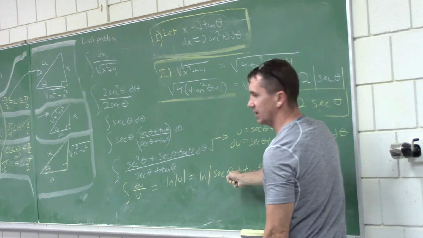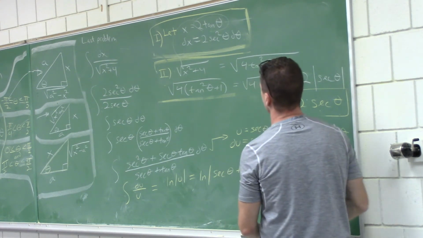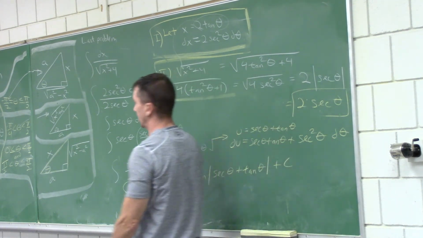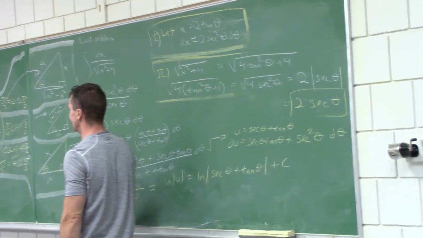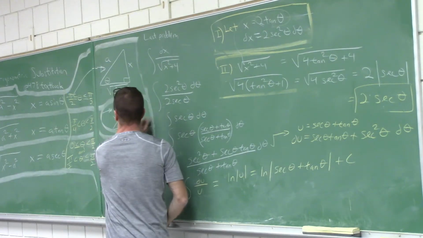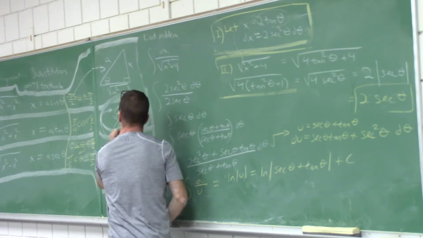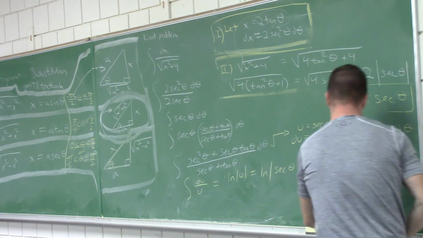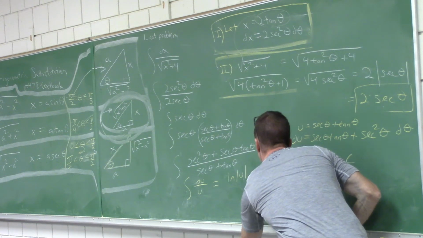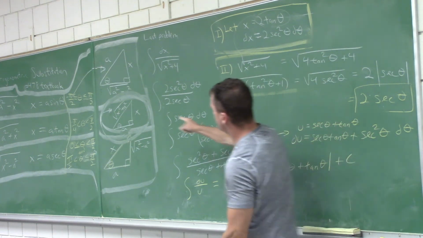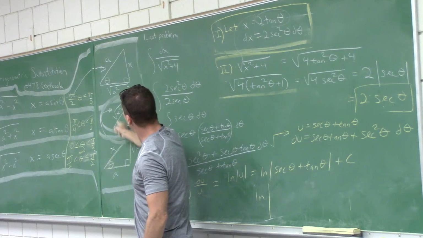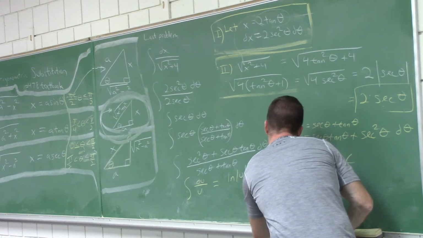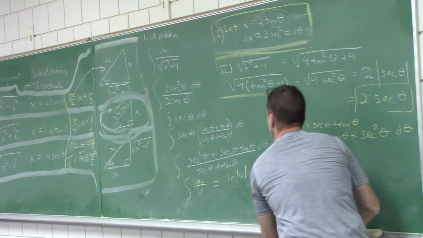Now let's go back and put everything in. What can I replace secant theta with? I just use a triangle. I have to make sure I use the right triangle. This one. On this triangle right here, that's a nice little A right there. What is the secant of theta there? Natural log of secant theta here would be the square root of x squared plus 4 over 2. What's the tangent of theta in that triangle?